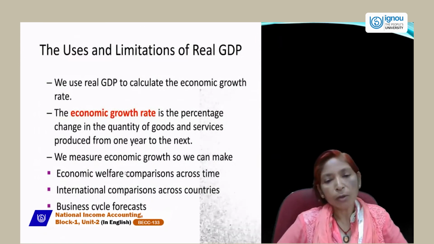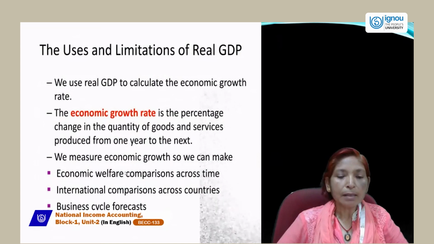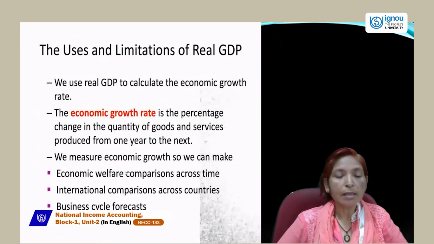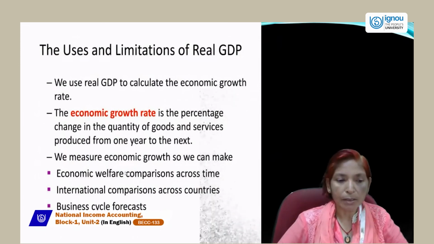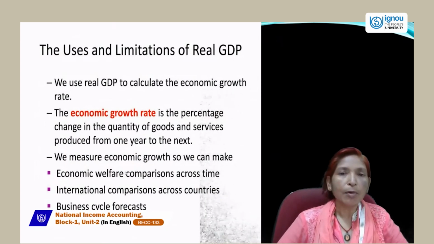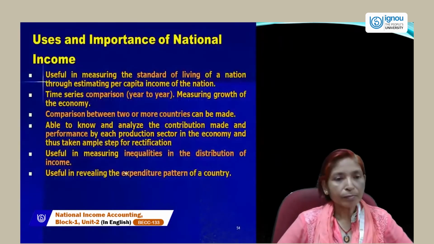We measure economic growth so we can make economic welfare comparisons across time. International comparison across countries is also possible with the help of real GDP estimation. And we can forecast business cycles like boom, recession, depression, and recovery stages.